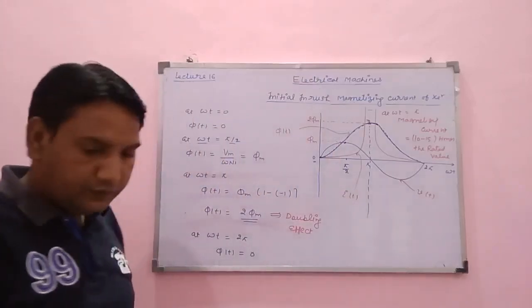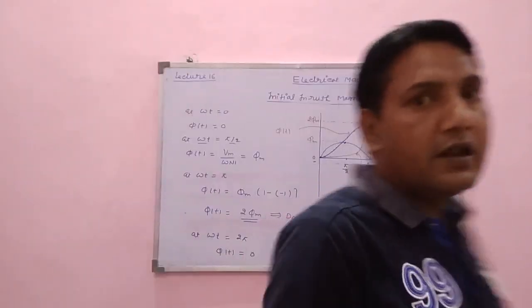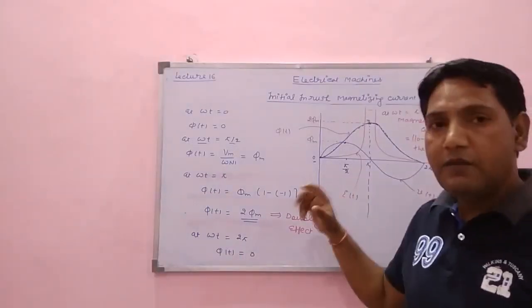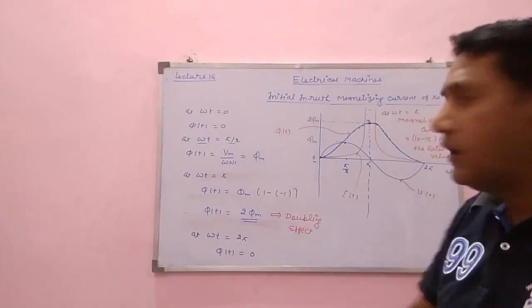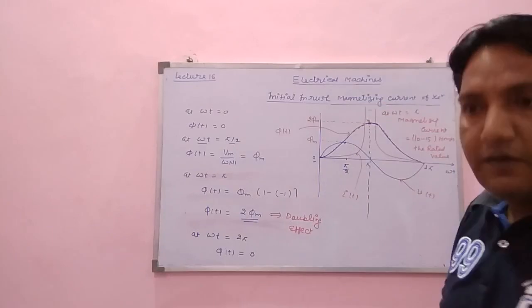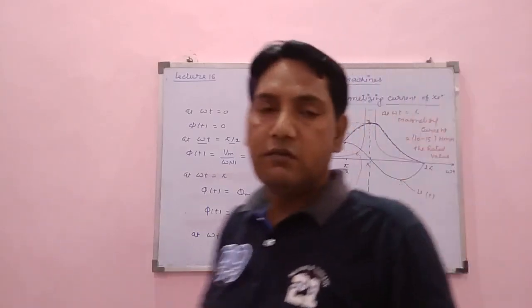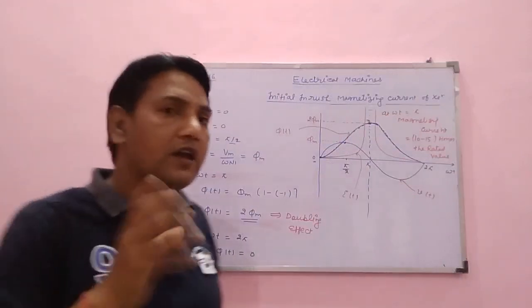Okay, so you can see here, at the time of starting, the current drawn by the transformer, that is the magnetizing current, shows transient behavior. But the actual waveform of the magnetizing current is sinusoidal.